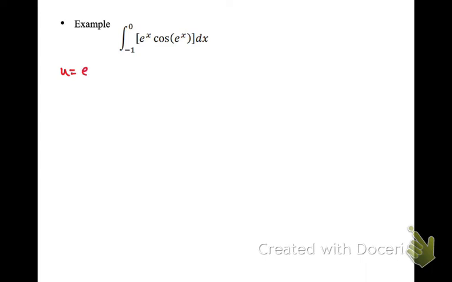And what is my du going to be? E to the x dx, right? So I now have the integral from negative 1 to 0 of the cosine of u du, don't I?